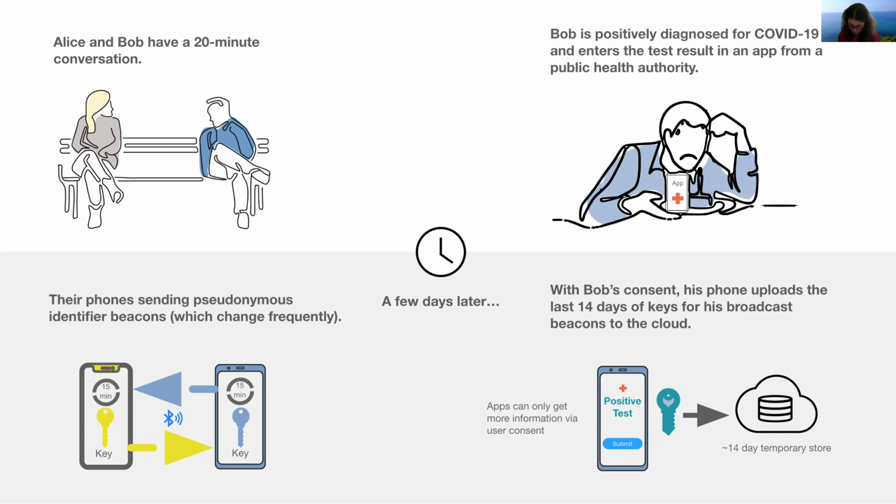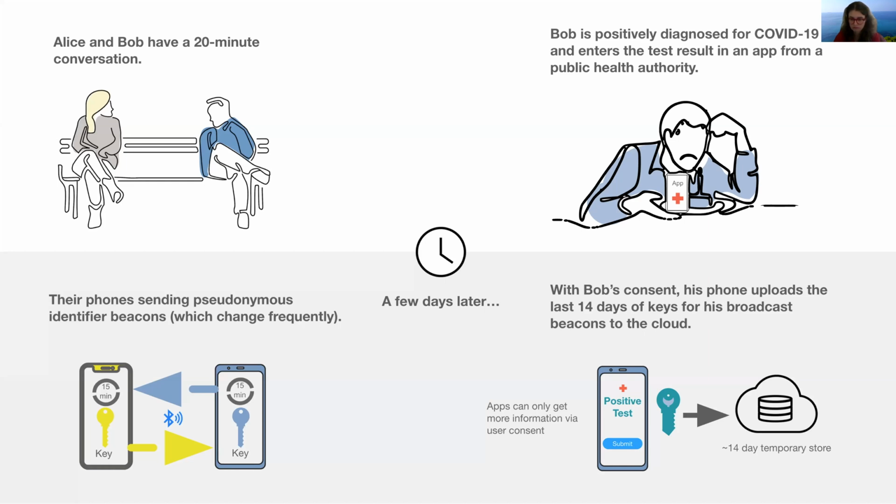So a quick summary of how the system works. Every user of exposure notifications, their phone is constantly broadcasting a pseudonymous identifier that changes every 15 minutes on average. We call those pseudonymous identifiers rolling proximity identifiers, and I'm going to use that term in this presentation, so you might want to remember it.